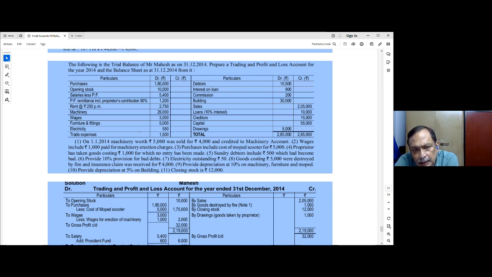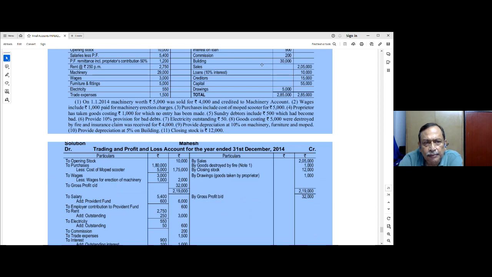Then in the adjustment we are having on 1st January 2014, machinery worth rupees 5,000 was sold for 4,000 and credited to machinery account. Wages include rupees 1,000 paid for machinery erection charges.